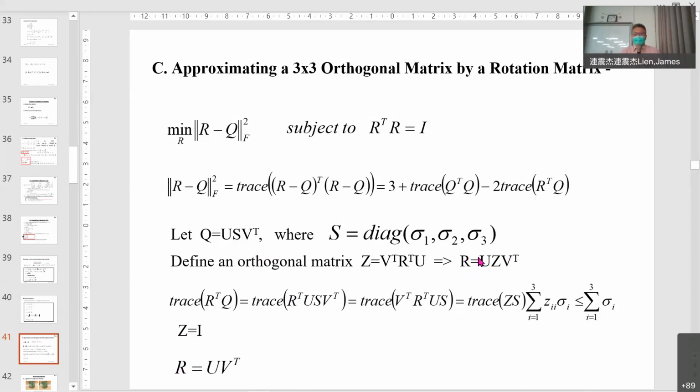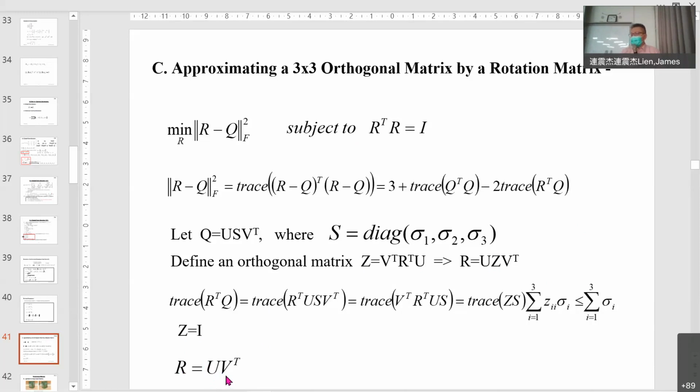For R1 and R2, you do singular value decomposition, which becomes U, Z, V. Then you change Z to become identity. So your recovered solution will be R equal to U times V, because U is the eigenvector, which is orthonormal.